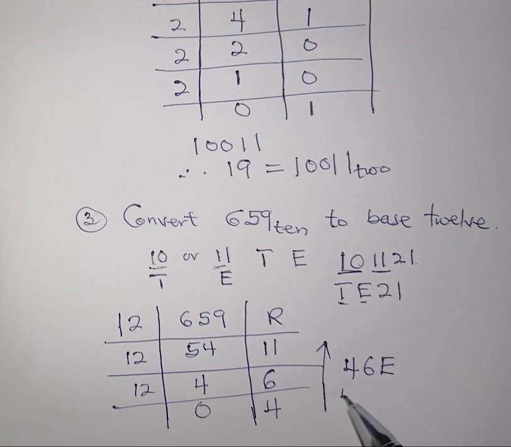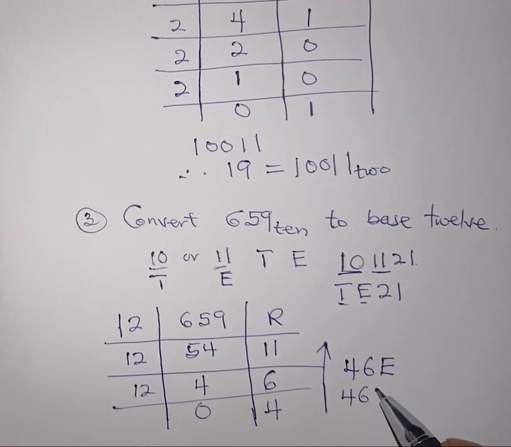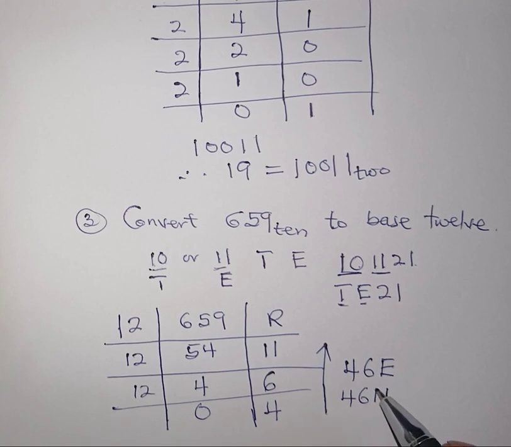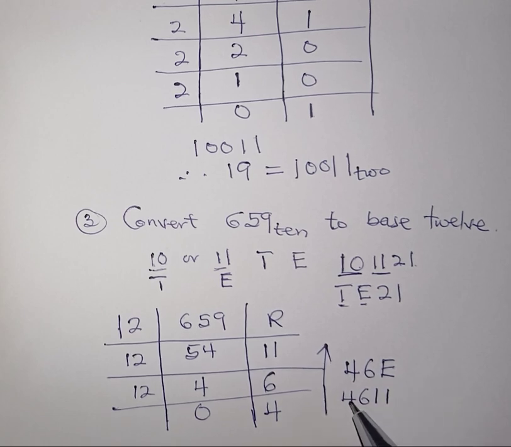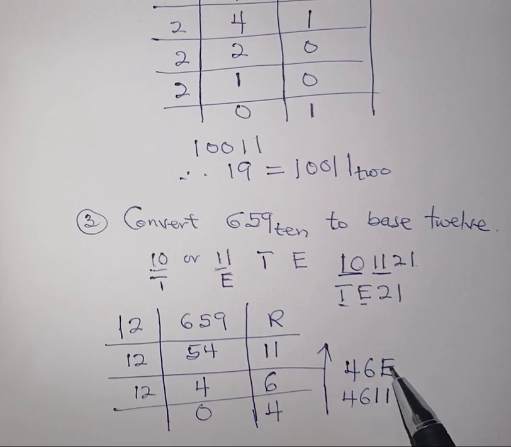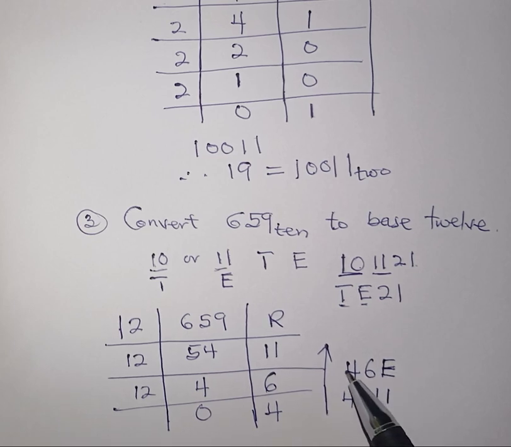Because if I write 4, 6, 11, someone may read it as 4, 6, 1, 1, but not 4, 6, 11. But if I write it like this using the letter, then that person will read it as 4, 6, 11. Have you gotten that?